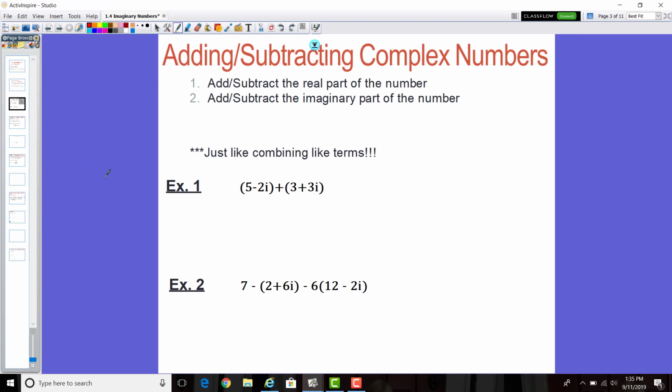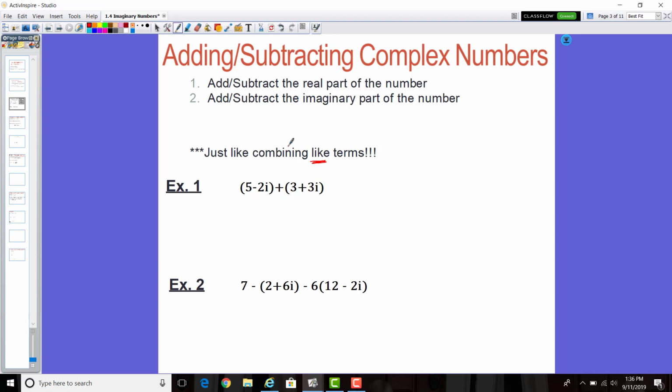We're going to start with adding and subtracting. Adding and subtracting is not very difficult because really the skill needed you've already accomplished when you learned how to add and subtract like terms and add and subtract polynomials. So we're going to treat these complex imaginary numbers very similarly to algebraic expressions and combine their like terms. However, we know in math that when something is inside parentheses, it's like in jail.